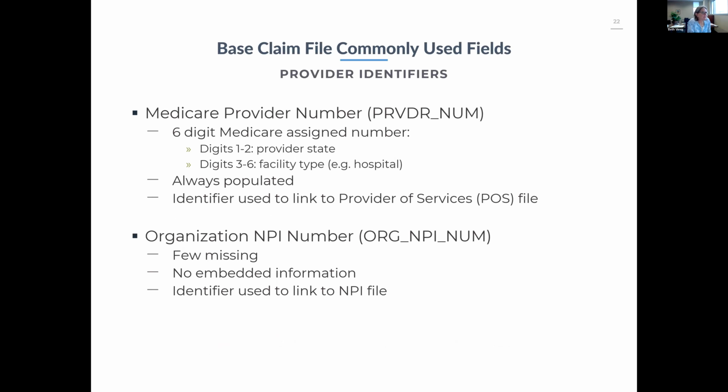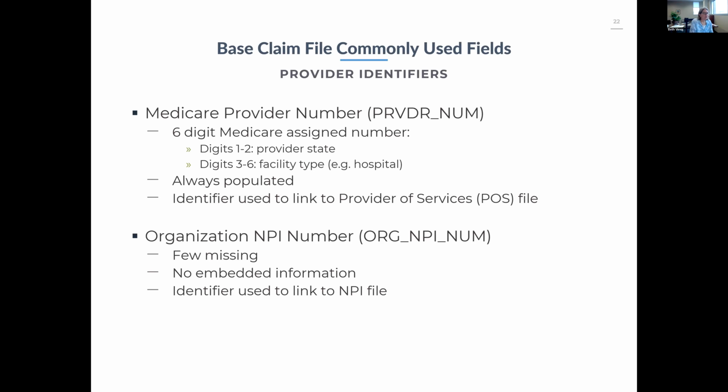So if you remember, we've got the Medicare provider number. We've talked about these. Just remember the Medicare provider number, for example, is a 6-digit number. Digits 1 and 2 are state. Digits 3 to 6 cover facility type. It's always populated, and it can be used to link to the provider of services file if you want to know more about the provider. There's also an organization NPI.